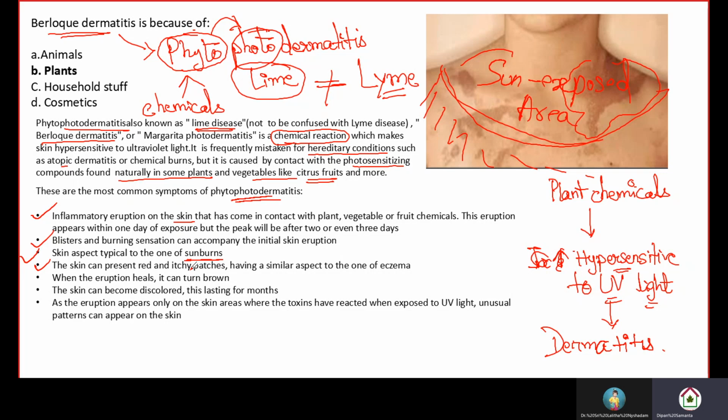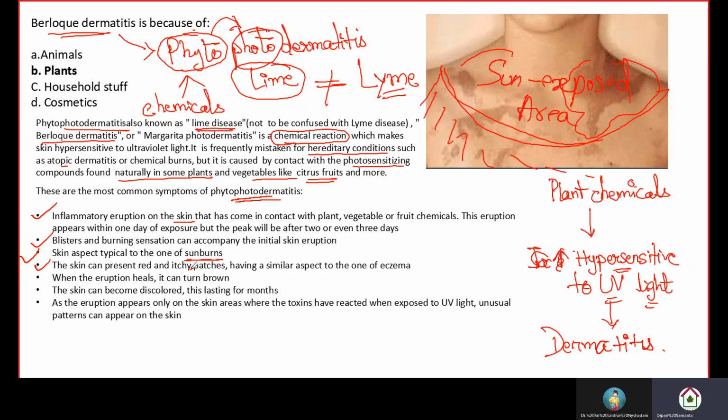As the eruption appears only on the skin areas where the toxins have reacted when exposed to UV light, unusual patterns can appear on the skin. That's why there is no fixed pattern.